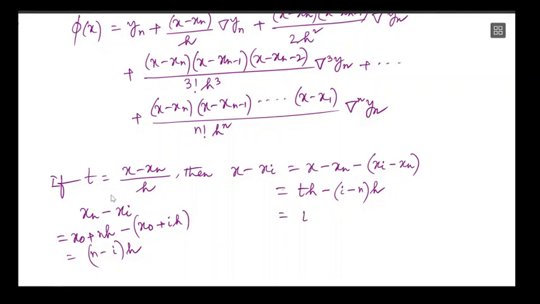That is equal to t minus, or I can write better, n plus t minus i times h.